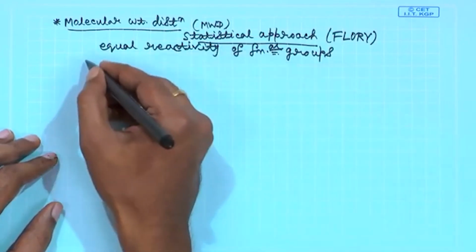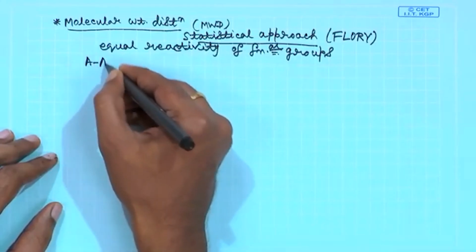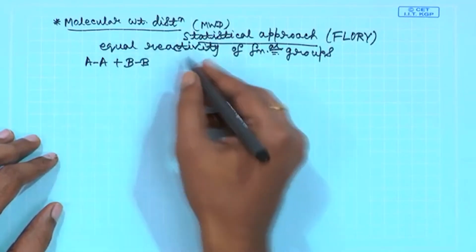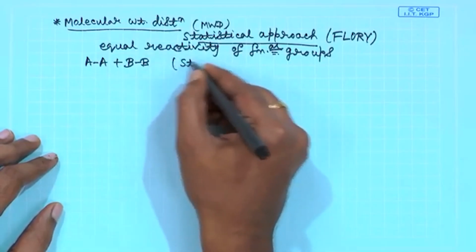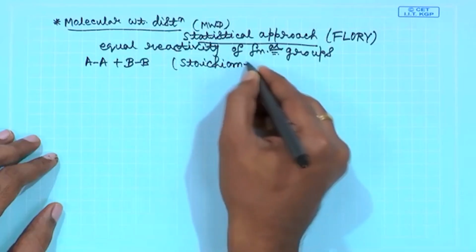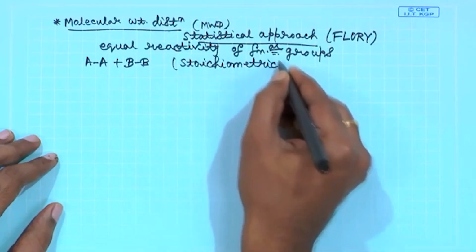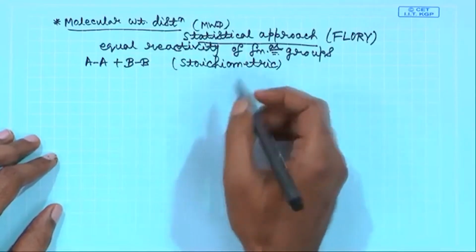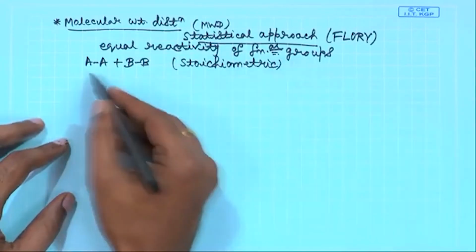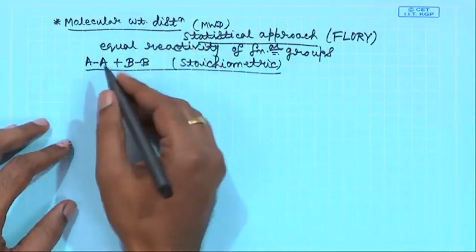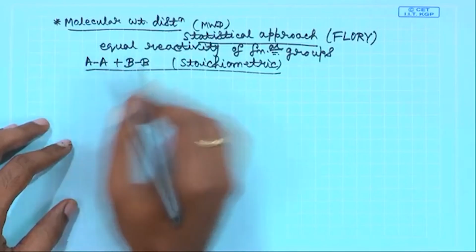So, let us begin with two bifunctional monomers like this, AA and BB, and the assumption is that we are taking stoichiometric amount. Most of the times we typically take stoichiometric or near stoichiometric amount in practical situations also. So, we begin by asking the following question. Say the reaction has progressed up to a time t.